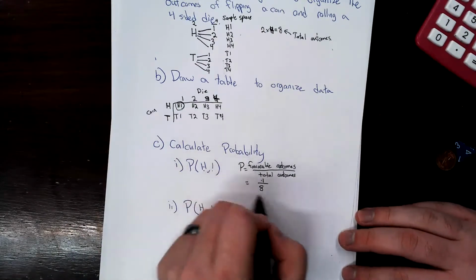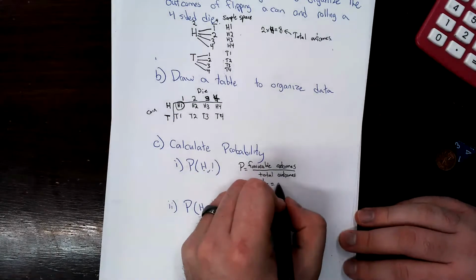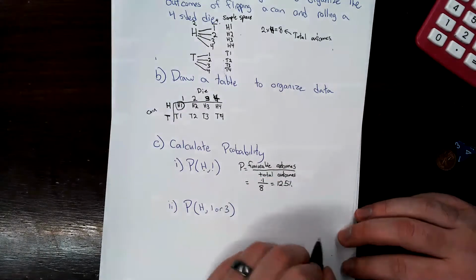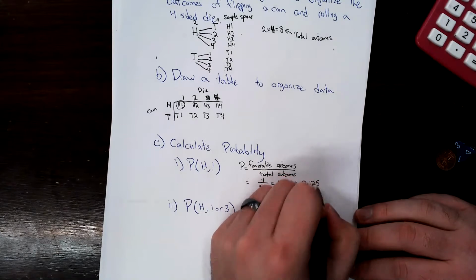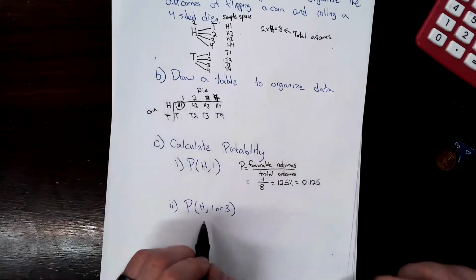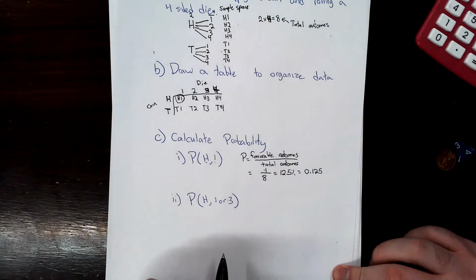We could show this as a fraction, or as a percentage, which is 12.5%, or as a decimal, 0.125. And this is how we show probability. Our second question is the probability of getting a heads 1 or a 3.